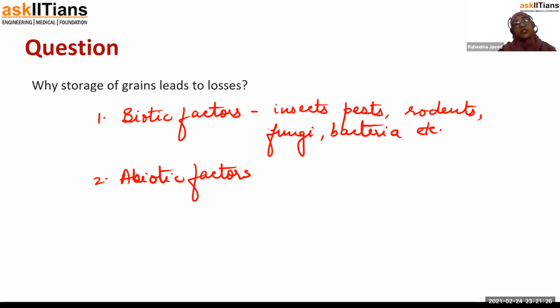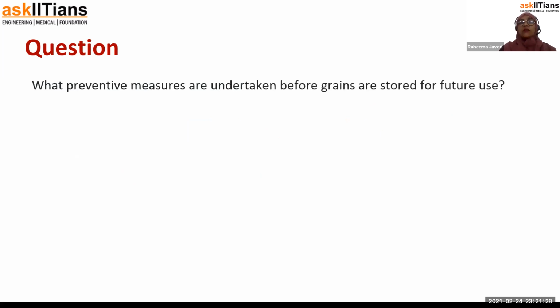Okay, and the next question is related to this only, where it is asked what preventive measures are undertaken before grains are stored for future use. So, first of all, proper cleaning of the grains is done.